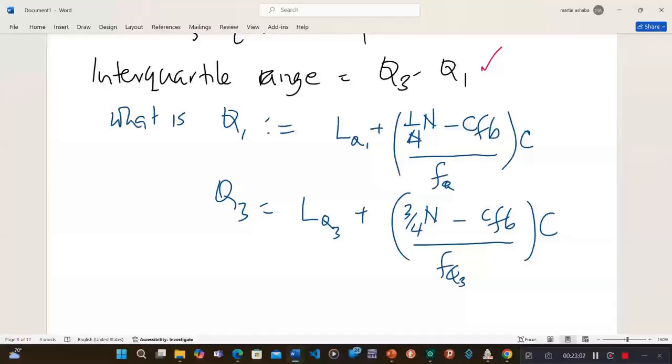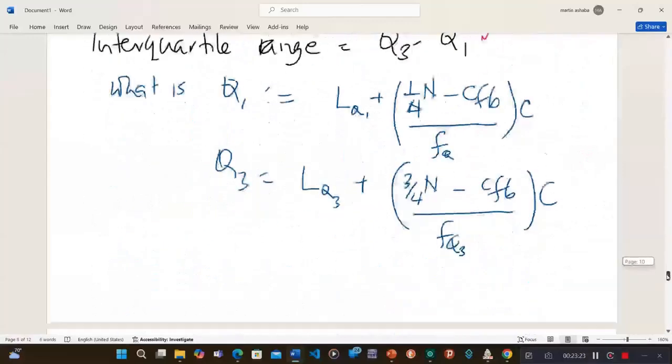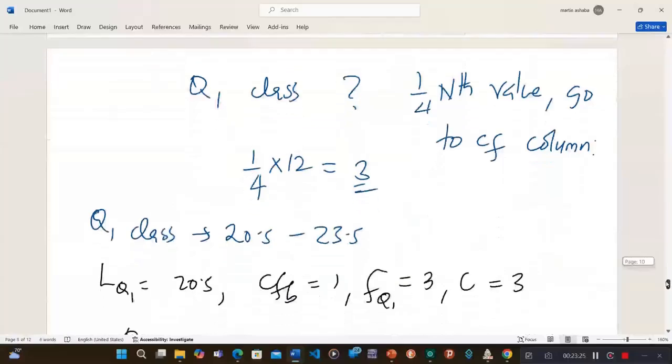The lower class boundary of the third quartile class plus 3 out of 4 n minus the cumulative frequency before the third quartile class, divided by the frequency of the third quartile class, times the class width of the third quartile class.